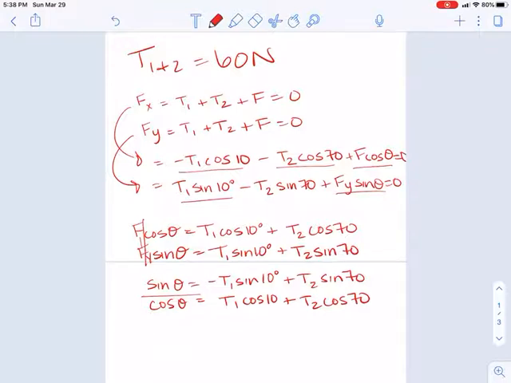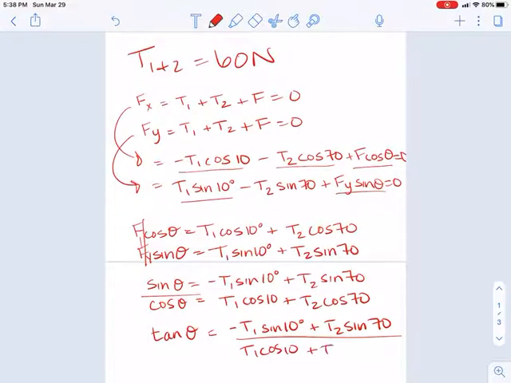Okay, I just flipped it. Why did I do that? Because sine over cosine is basically opposite over adjacent, which is tangent theta, which is equal to negative tension 1 sine 10 degrees plus tension 2 sine 70, divided by tension 1 cosine 10 plus tension 2 cosine 70.